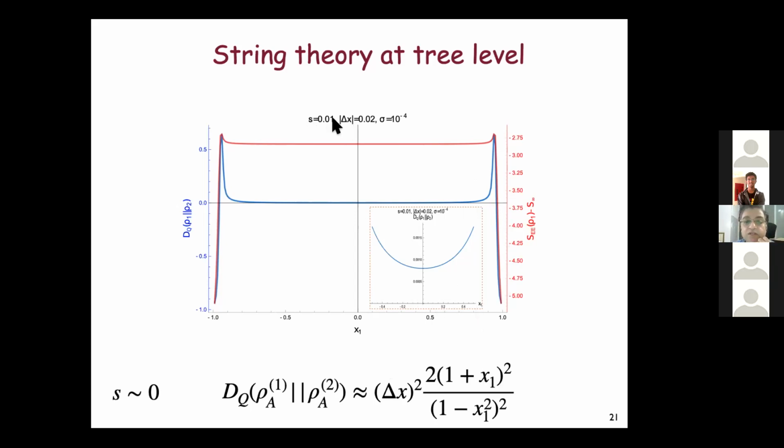This is in some low energy limit where essentially you have not excited the higher string modes. If you excited the higher string modes, you will see this oscillating very vigorously. That makes sense because oscillations in relative entropy essentially mean that you're losing distinguishability. But in the low energy limit, which is essentially the supergravity limit, you again get a nice form which you can determine analytically. Again, you have peaks in the forward and the backward limits.